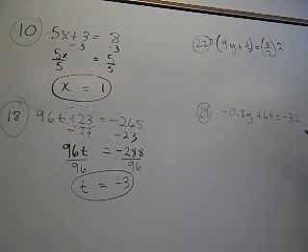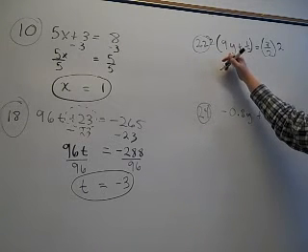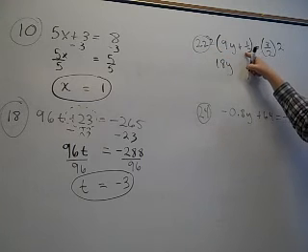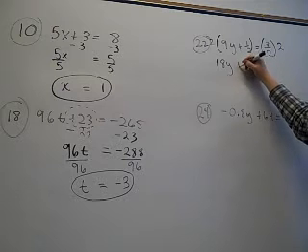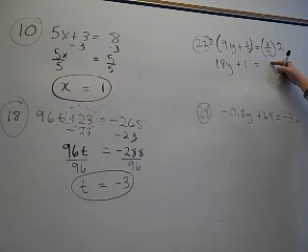The first term is going to be 2 times 9y, 18y. The next term is 2/1 times 1/2, which is just 1. And this is going to be 3/2 times 2, which will end up being 3.